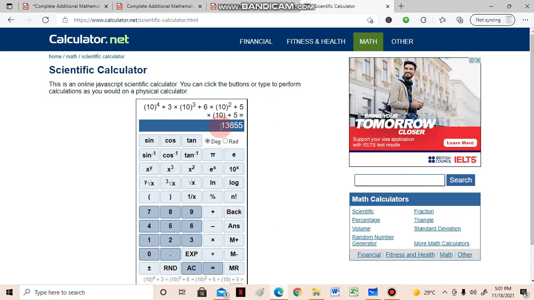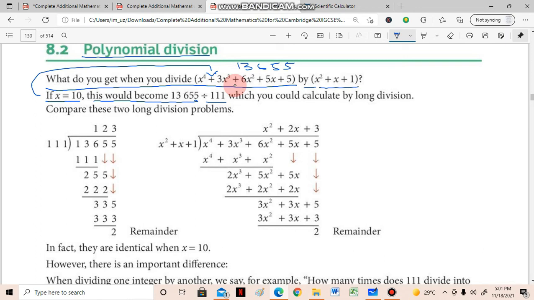So we can see that the total is now 13655. So now we know that this is correct.